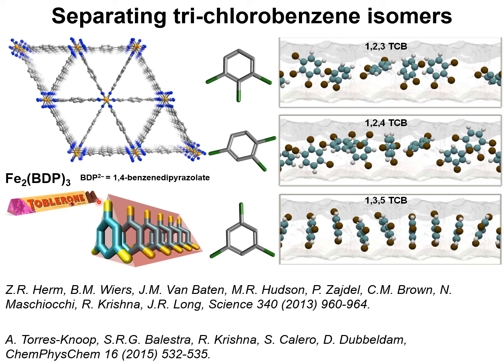Therefore, these Toblerone-shaped channel structures may be employed to selectively adsorb the 1,3,5 isomer from a mixture with 1,2,3 and 1,2,4 TCBs.